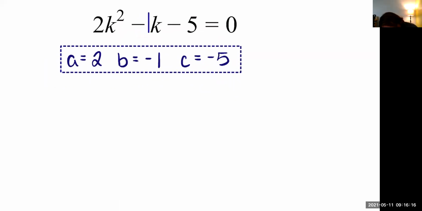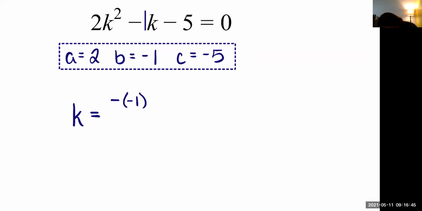So this time our variable is the letter K. So I'm going to have K equals negative B, but what's my B? -1. Now notice this negative sign is part of the formula. There will always be a negative sign there. Your B will not always be negative, but in this case it is.